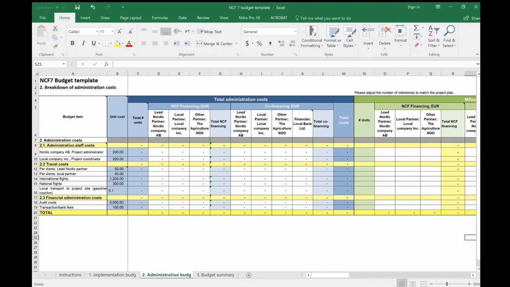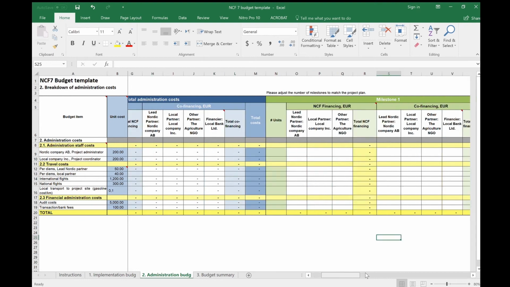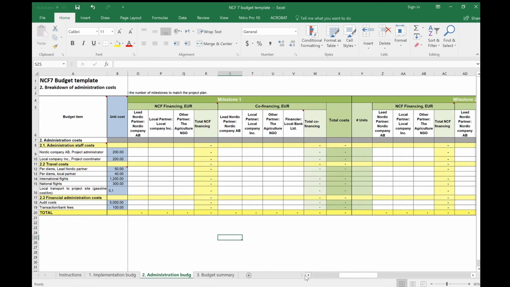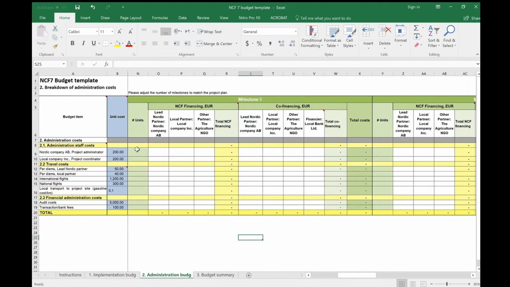Enter all expected administration costs per budget line in the same way as for the implementation budget, by calculating the number of units times unit cost. Make sure you insert the cost under the correct source of financing. Fill in the costs for each milestone.